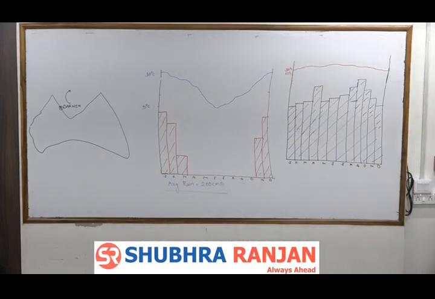Temperature is always between 25 to 30. So identify the climate which does not have any winter season. Equatorial type of climate. So this is the graph for equatorial type of climate.